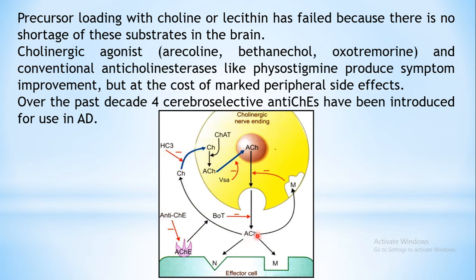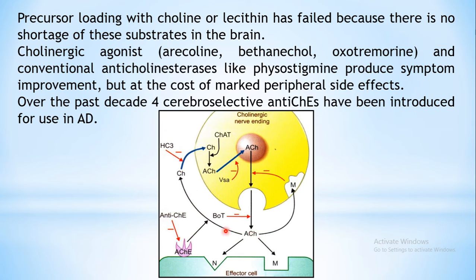Once ACH is released, it immediately gets metabolized. When you give anticholinesterases, it will not be metabolized. Rather, it will block the metabolism. By inhibiting this enzyme responsible for hydrolysis of ACH, it will make the ACH prevalent in your cleft. It will act for a longer period of time, or it will potentiate the action of your ACH.